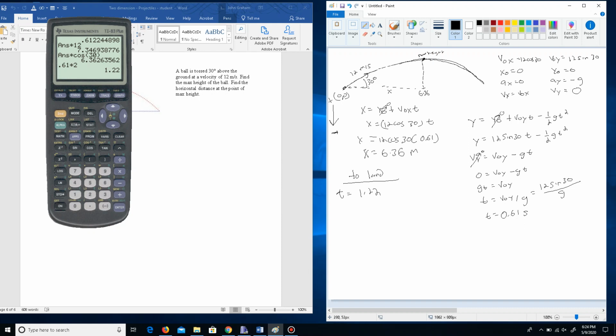And then the distance here, we put in 1.22 times 12 cosine 30 is 12.67.